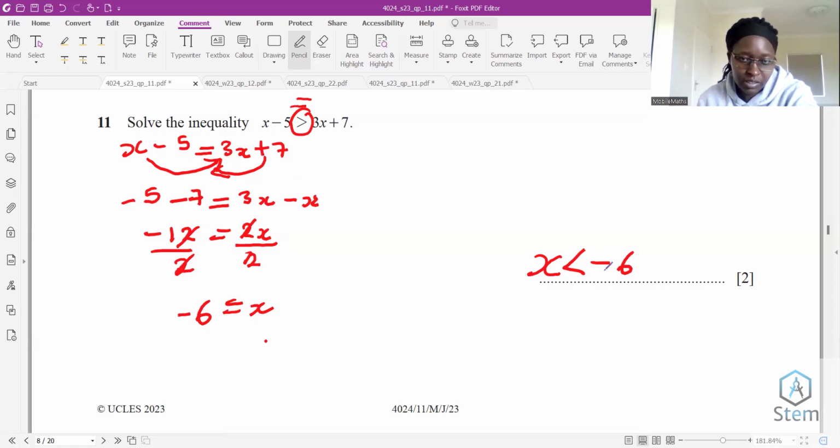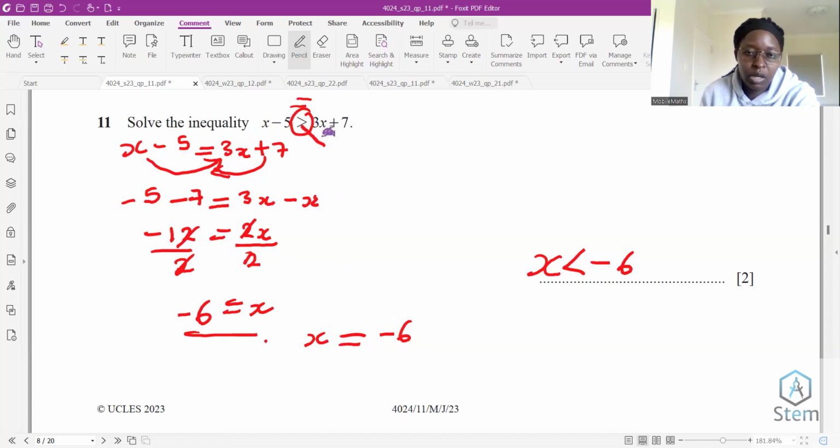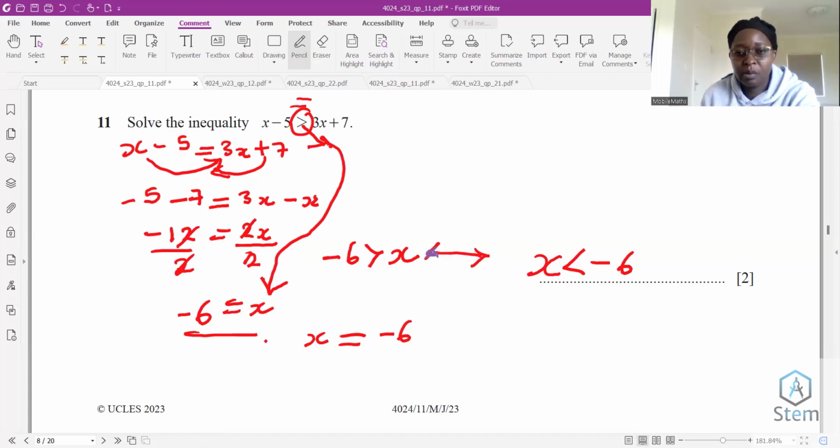Okay, because if I take x is equal, this is the normal way we write it, is equal to minus 6, I have interchanged, so I also interchange this sign here as well. Okay. But if I leave it the way it is, I can have it like minus 6 is greater than x. Okay. So this is one and the same thing, but it's proper to write x first, like what I've written there.